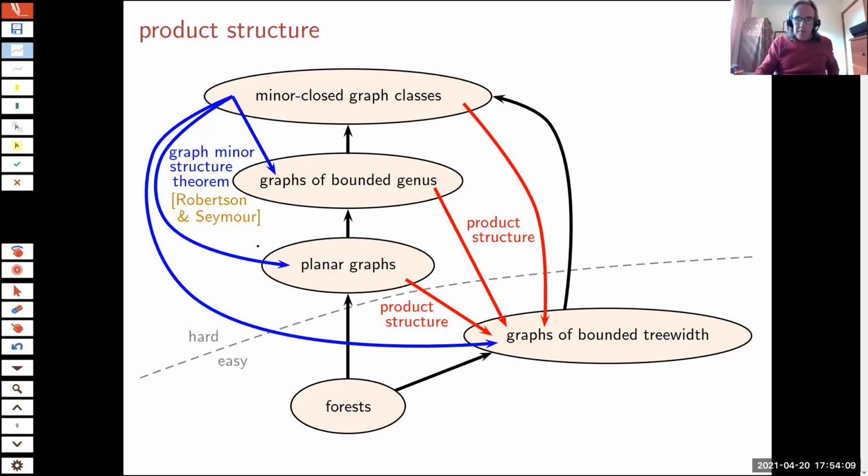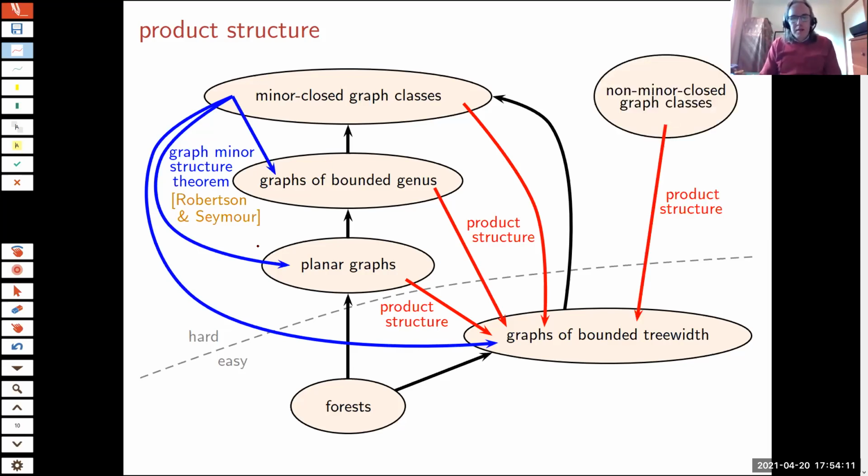And finally, the new direction that we're taking is that these product structure theorems are useful for describing even non-minor closed graph classes. This work sits beyond minor closed classes, and it starts being relevant for the Nešetřil and Ossona de Mendez graph sparsity theory, if you're familiar with that.